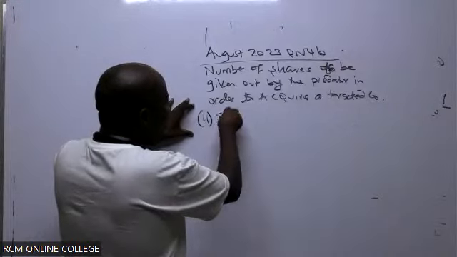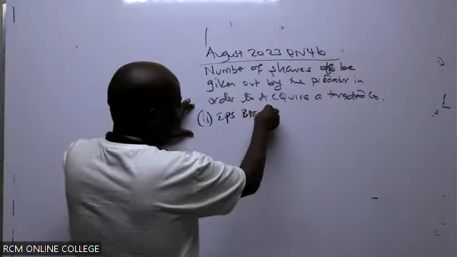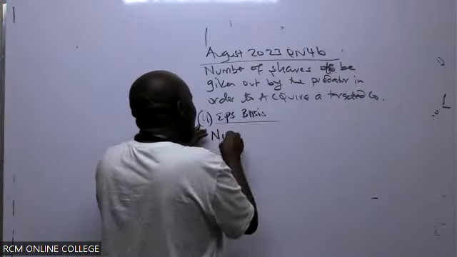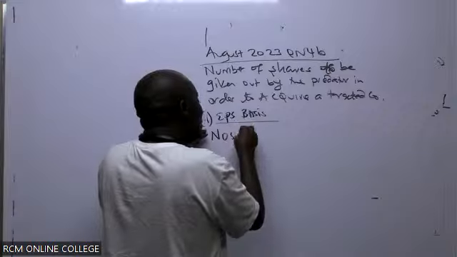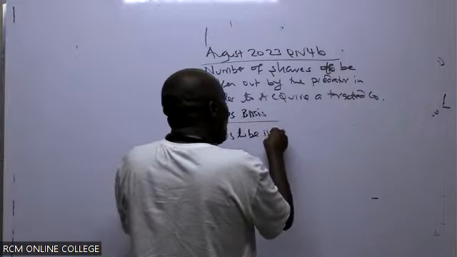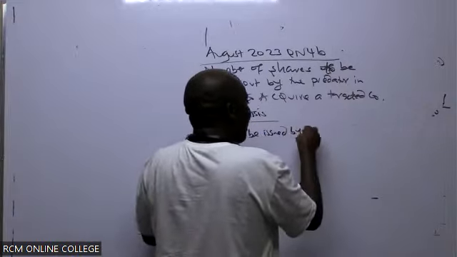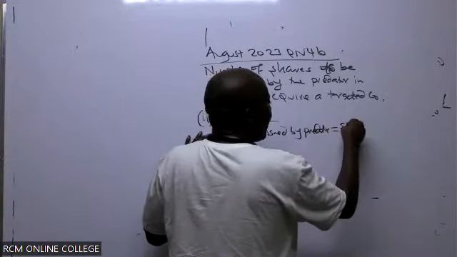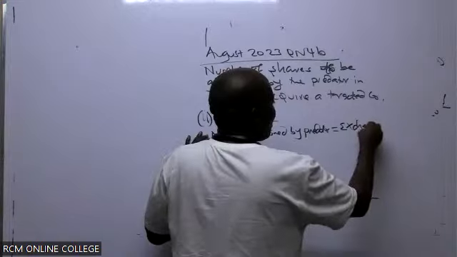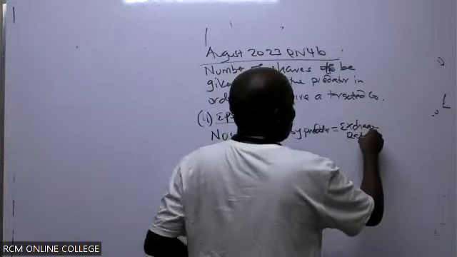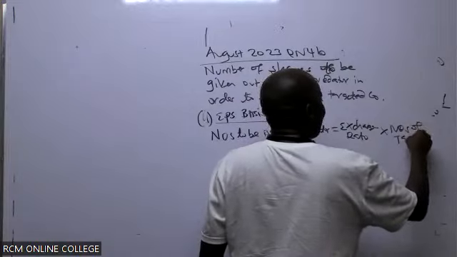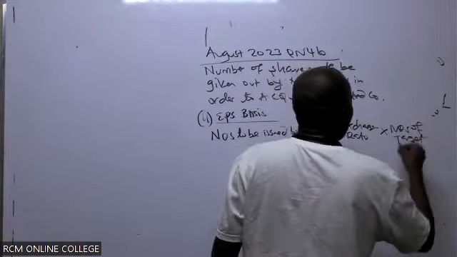Roman 2 is on EPS basis. So now how do I get the number of shares to be issued by the predator? This is very easy. We take the exchange ratio times NOS of the target company.